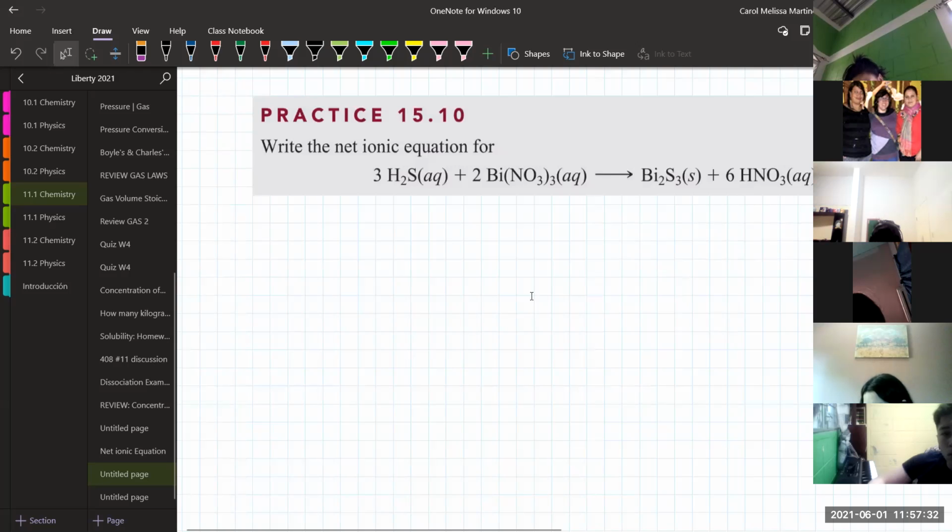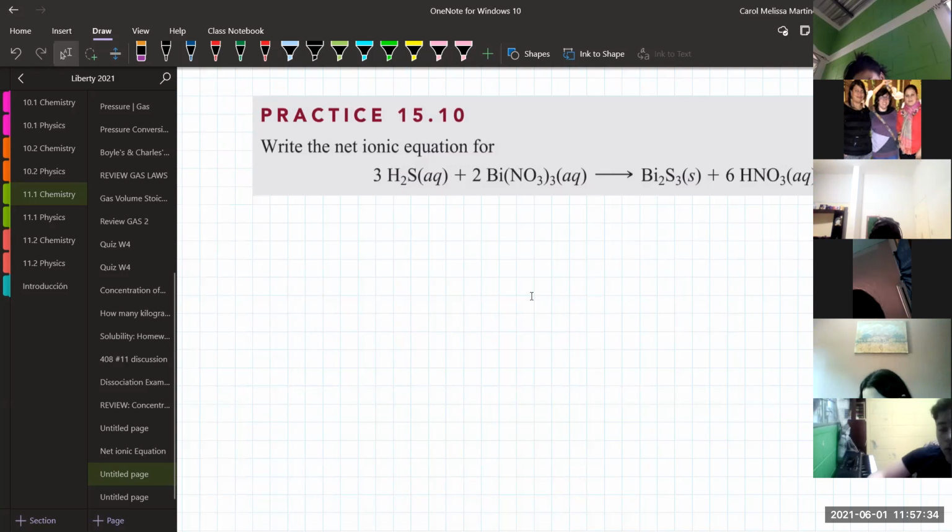It says, write the net ionic equation for 3 moles of hydrosulfuric acid plus 2 moles of bismuth 3 nitrate produce bismuth 3 sulfide solid and 6 moles of nitric acid.